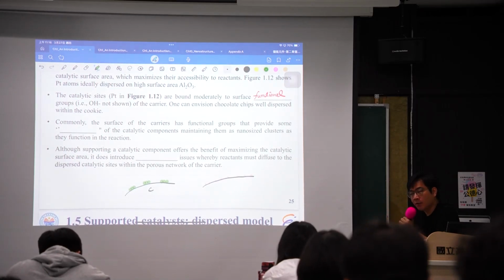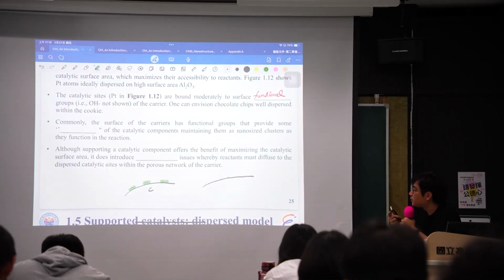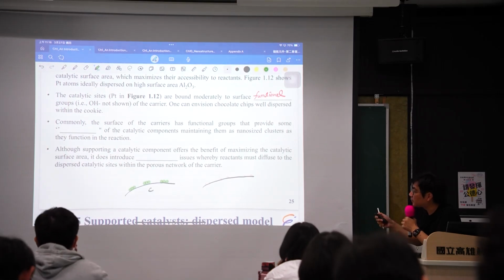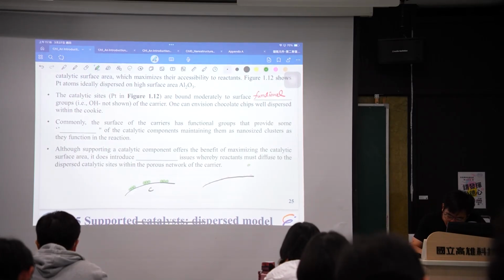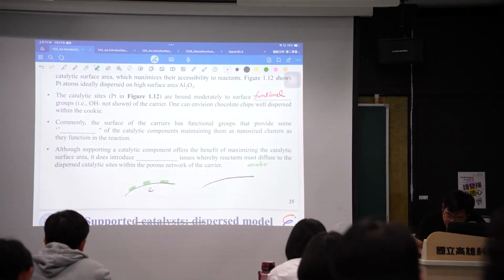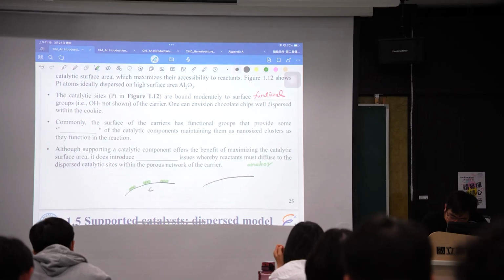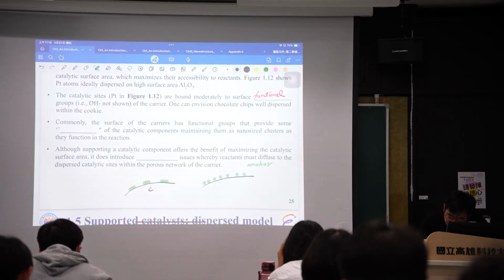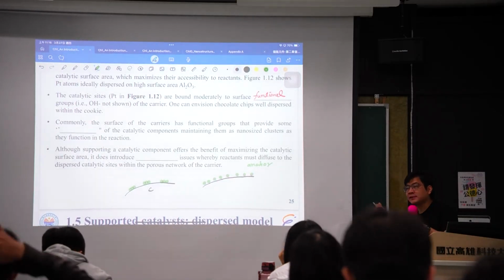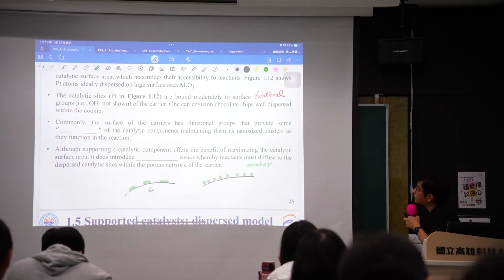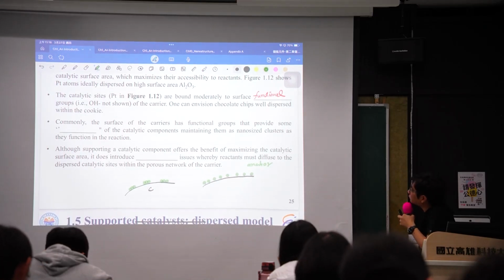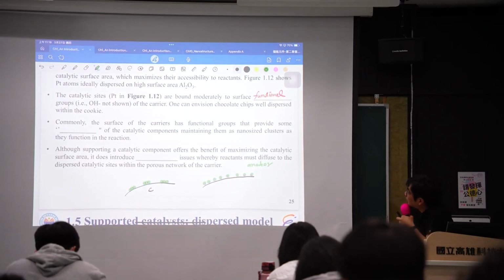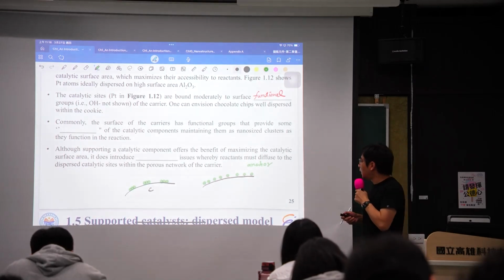the surface of the carbon, it can play an important role in dispersing the platinum particles. The platinum is anchored on the surface of the functional group. So you will have platinum anchored on the surface of the OH. 这样有一个帮助分散性。Okay.